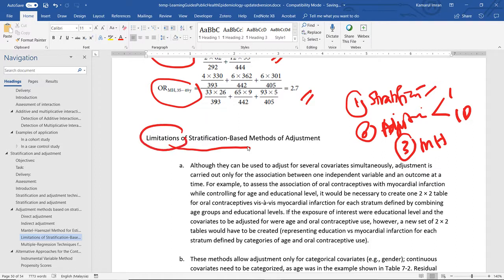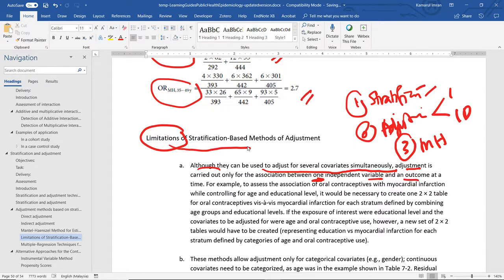But there are limitations for these methods. Although they can be used to adjust for several covariates simultaneously, adjustment can happen between one independent variable and an outcome at one time.